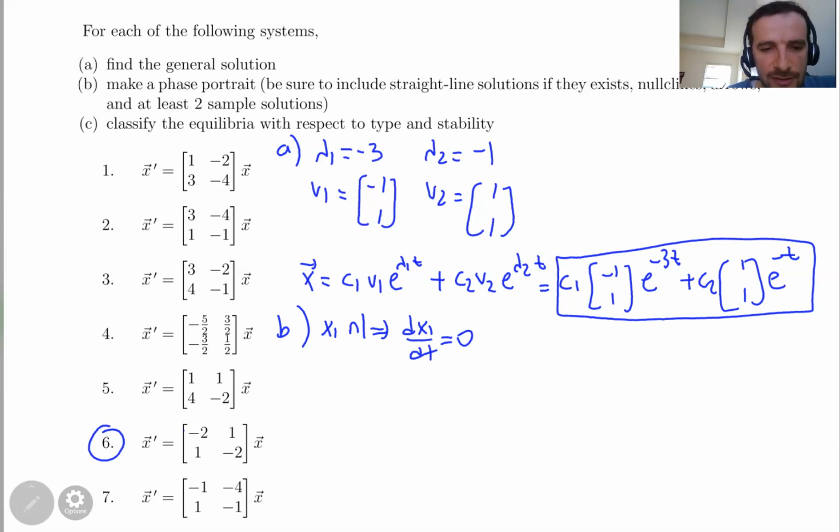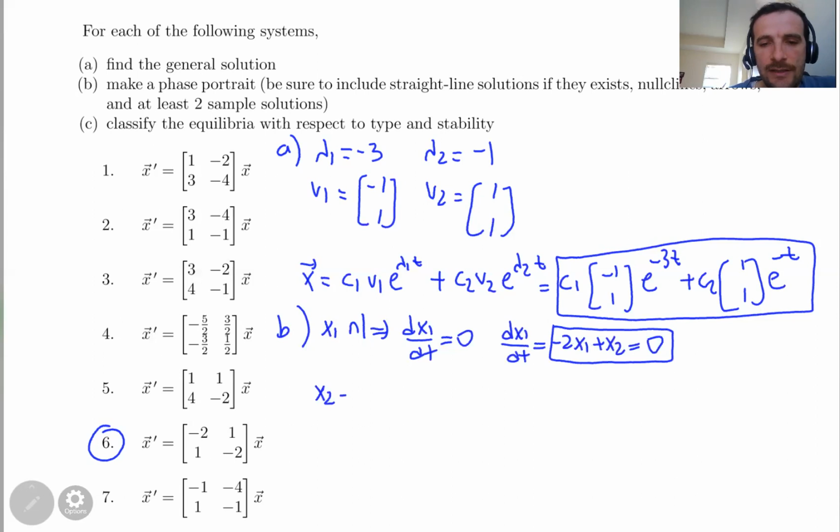So this is our matrix, and from the first row, dx1/dt equals -2x1 plus x2, which is equal to 0. This is our first null line.